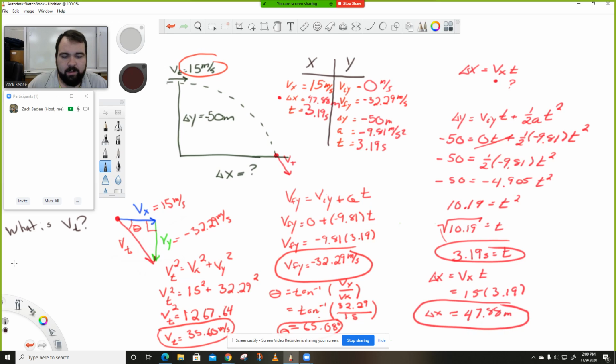The answer would be Vt equals 35.60 meters per second at an angle of 65.08 degrees below the positive x-axis.